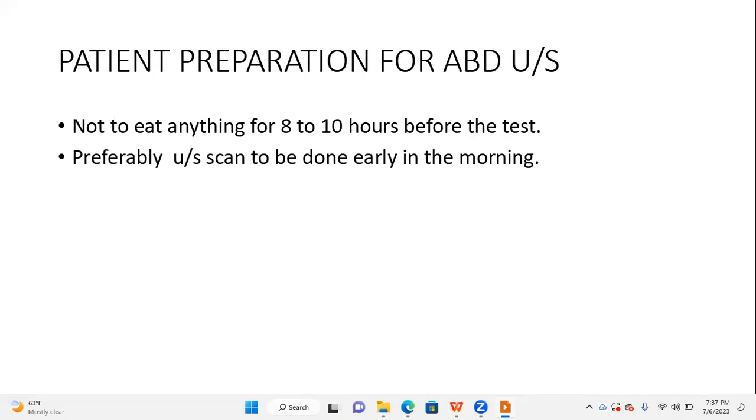So when a patient comes to the ultrasound department and they are requesting an ultrasound of the gallbladder, there is patient preparation that is considered. The patients are advised not to eat anything for 8 to 10 hours before the test. Then the scan should be done preferably early in the morning.